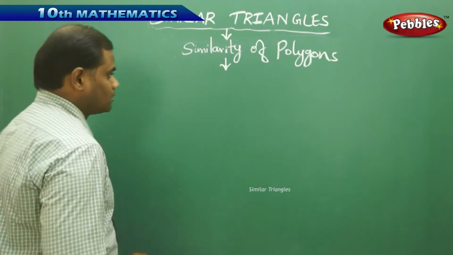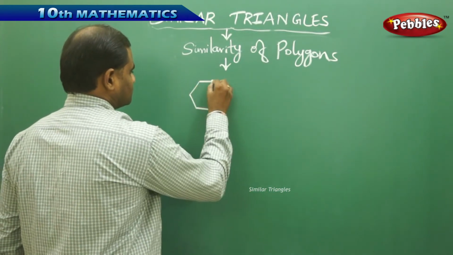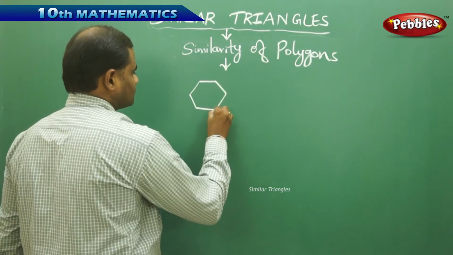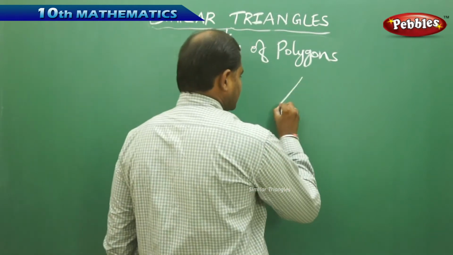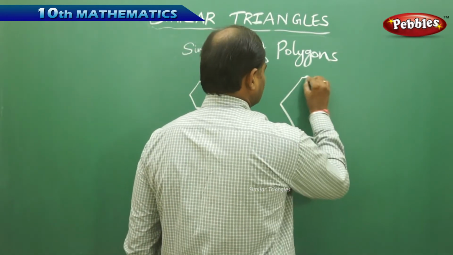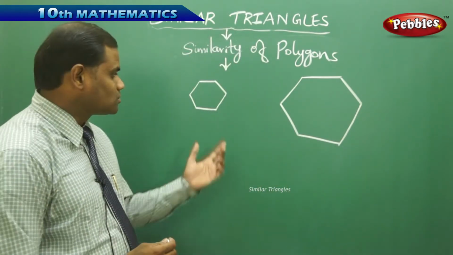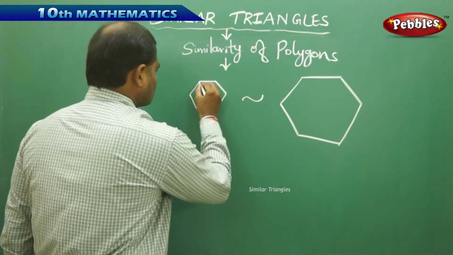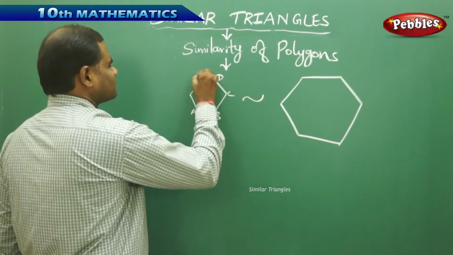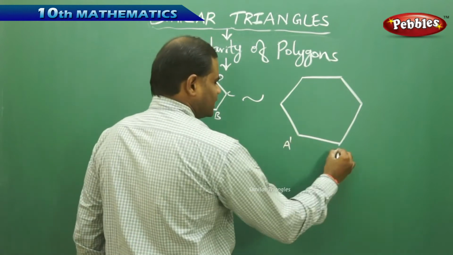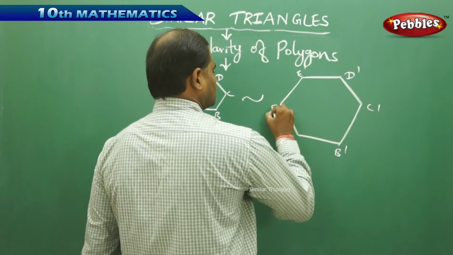Say for example, I take a hexagon. So this is the hexagon I have considered here, and I take another hexagon out here. Then in this case, these two are said to be similar if the corresponding sides, say I mark this with A, B, C, D, E, F, and A dash, B dash, C dash, and so on.